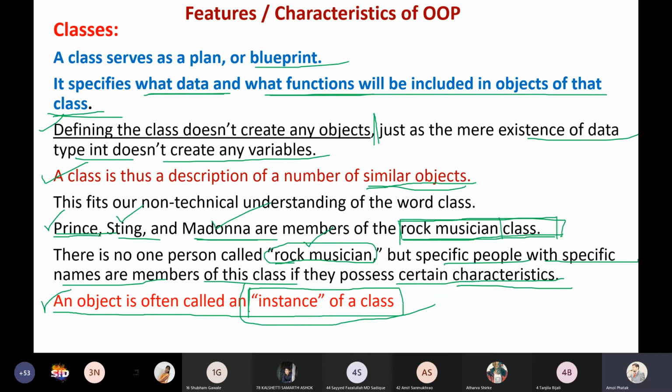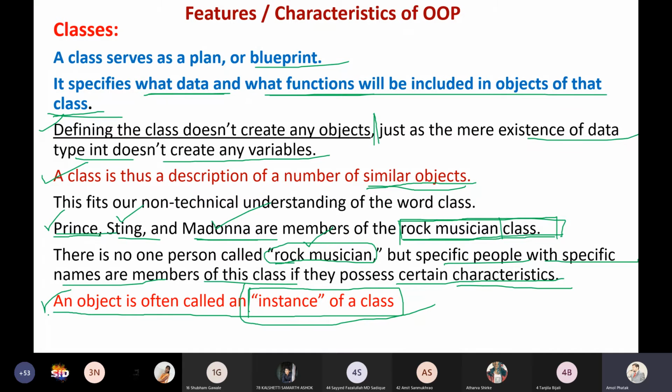For example, I declared a class, for example student. Class student has this data and these functions. I have written it and closed it, so this is my class. But unless and until I create the object of this, the memory is not created for that particular class.